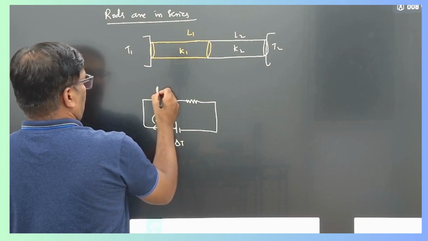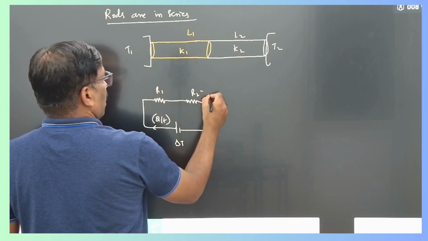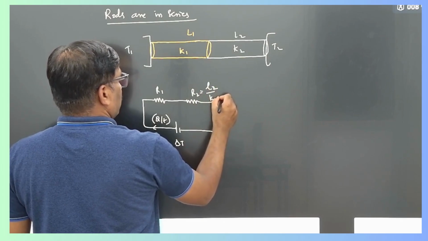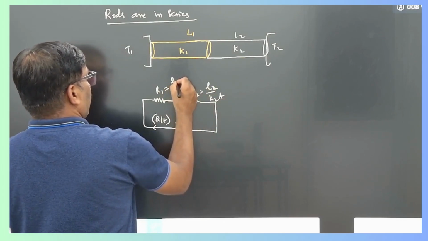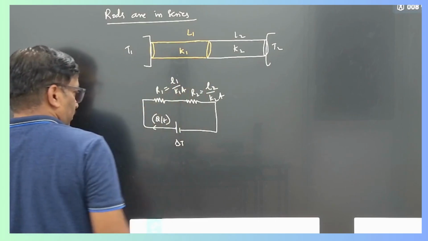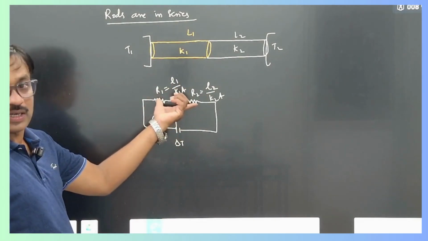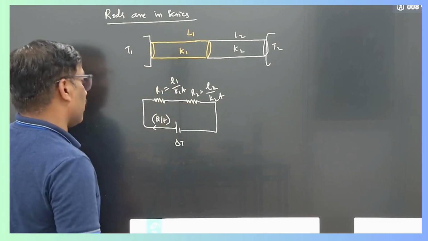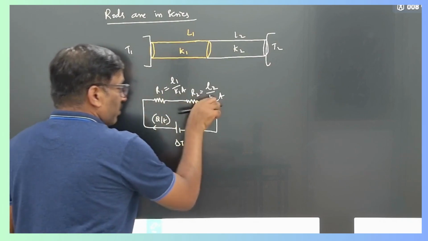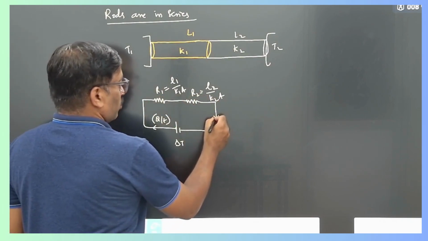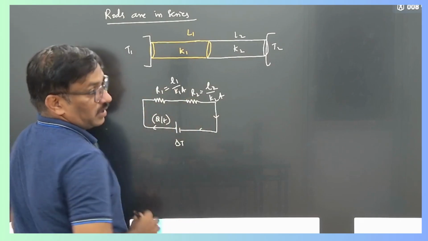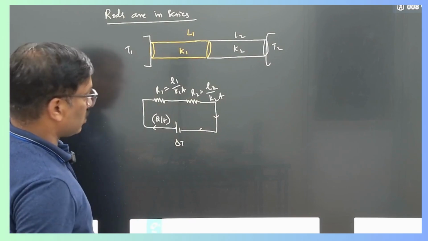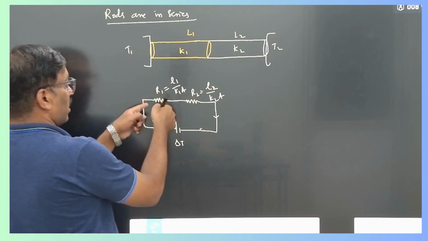So this is R1 and this is R2: R1 is L1 by K1 A, and R2 is L2 by K2 A. When the rods are connected in series, meaning the resistors are in series, what is the condition? The current through them will be the same, constant. Clear? But what will be different now? The potential difference.